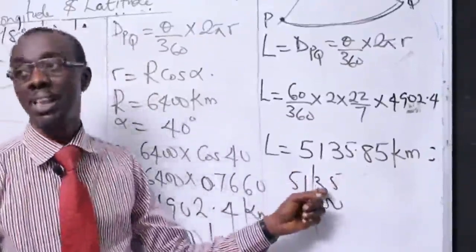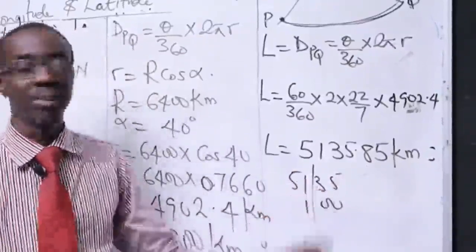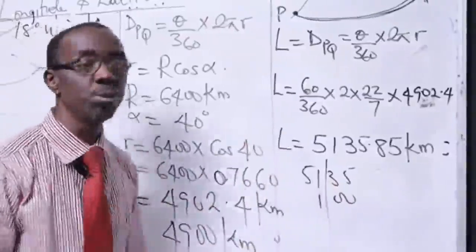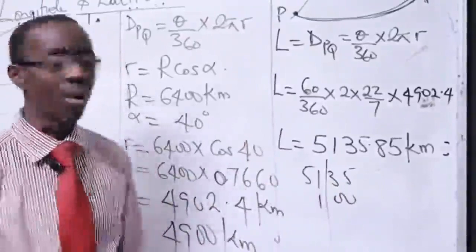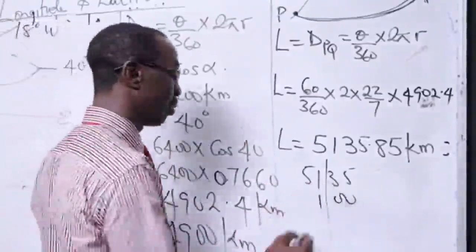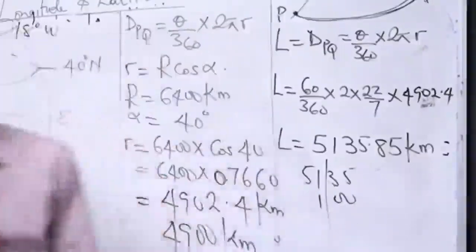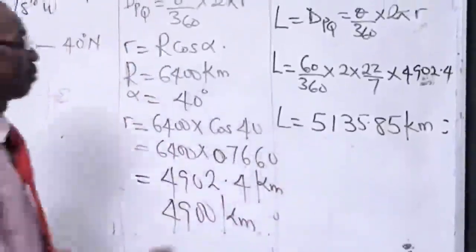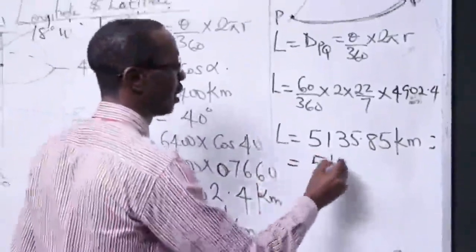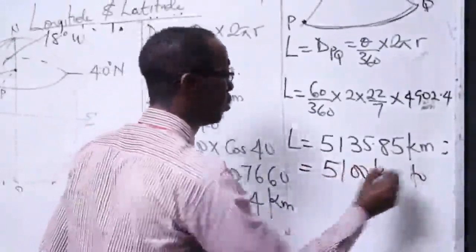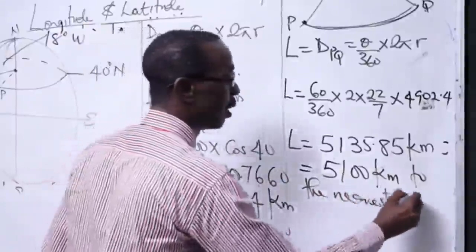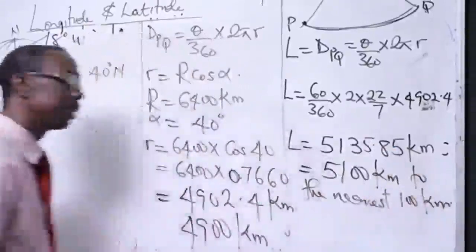If let's assume this is 5175, your nearest 100 kilometer will be 5200. But obviously, this is not up to 5, so you have 51 what? 51 what? Nearest 100 kilometer, 5100 kilometer to the nearest 100 kilometer. Are we still together?